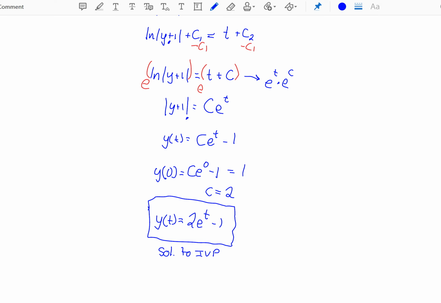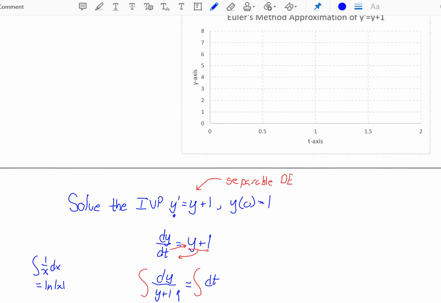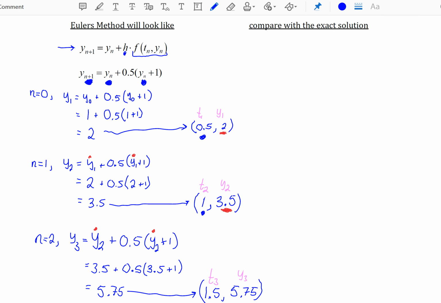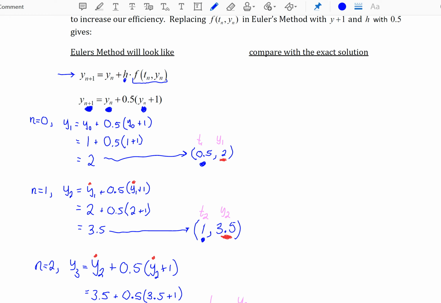So I want to take this solution back to our previous calculations we were doing. And I wanted to compare our Euler's method approximations with the exact solution, which we just found to be y of t equals 2e to the t minus 1. Now, observe that in general, we may not know how to find the exact solution.